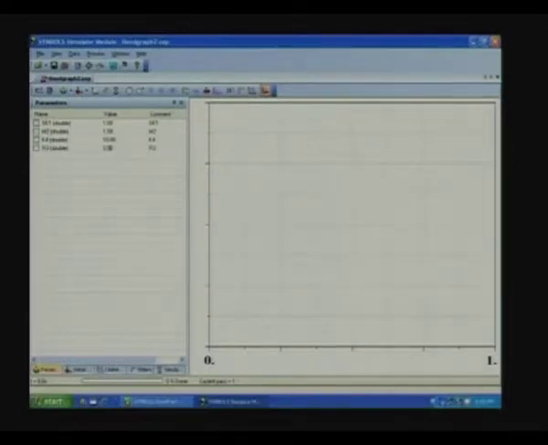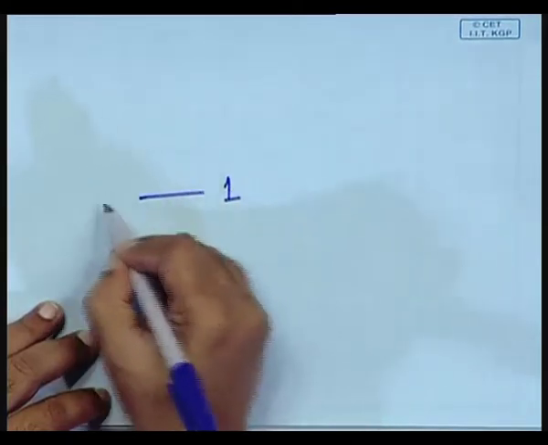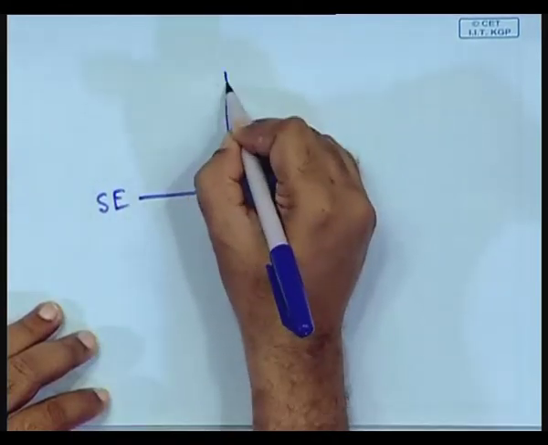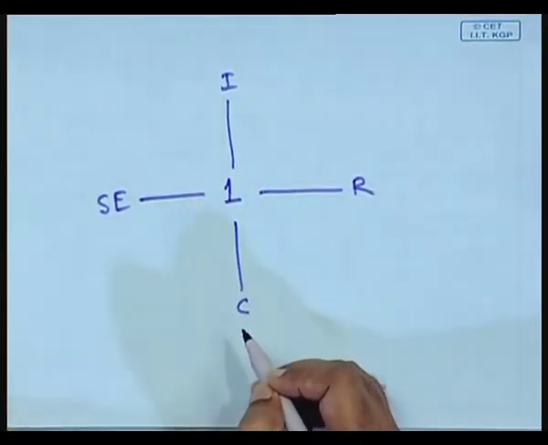Now, write down these values. M2, the mass, is 1 kg, K4 is 10, R3 is 0.5. Okay. In this case, the bond graph was, let us come back here, yes, 1, SE, I, R, C, fine.